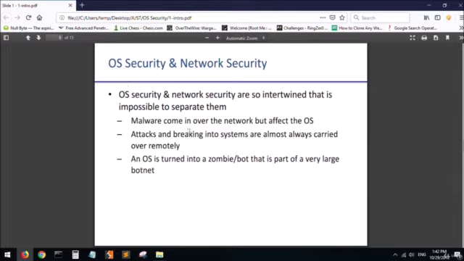Attacks and breaking into systems are almost always carried out remotely. And an OS can be turned into a zombie or bot that is part of a very large botnet. Of course, a botnet is a network that uses a large number of computers or devices that can attack any system using DoS attacks.